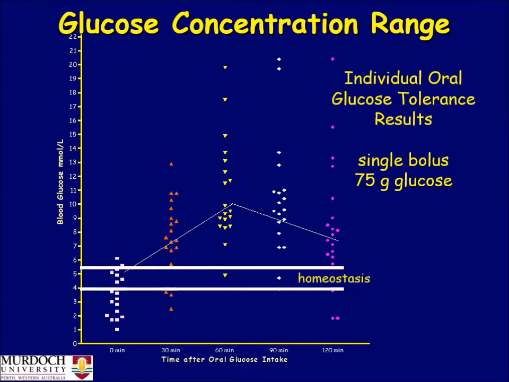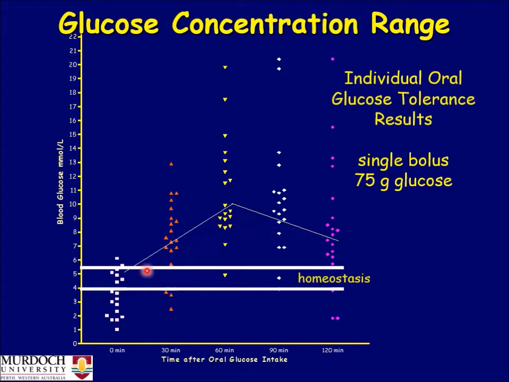So we would pick a number of participants, tell them to go away and fast overnight on the night before they undertook the laboratory class the next day. When they entered the lab, they would undertake their very first blood glucose reading, which you can see here at time 0. They would then consume a single bolus of 75 grams of glucose, and we could then monitor their blood glucose concentration over the following 2 hours.